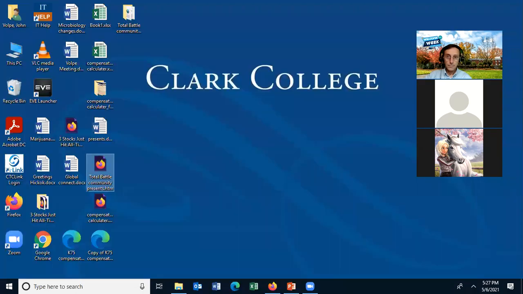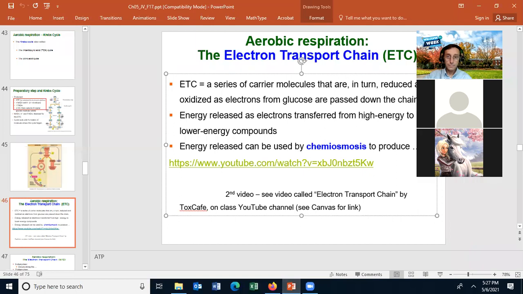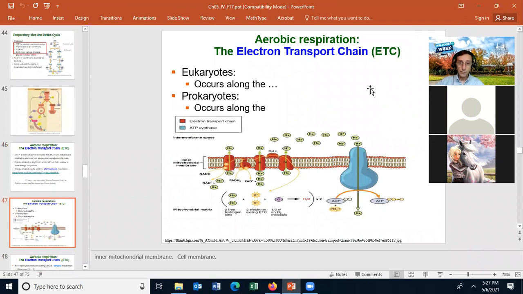So let's look at that in a little more detail. In aerobic respiration, the electron transport chain is a chain of proteins in a membrane. In eukaryotes, the membrane where this occurs is the inner mitochondrial membrane.